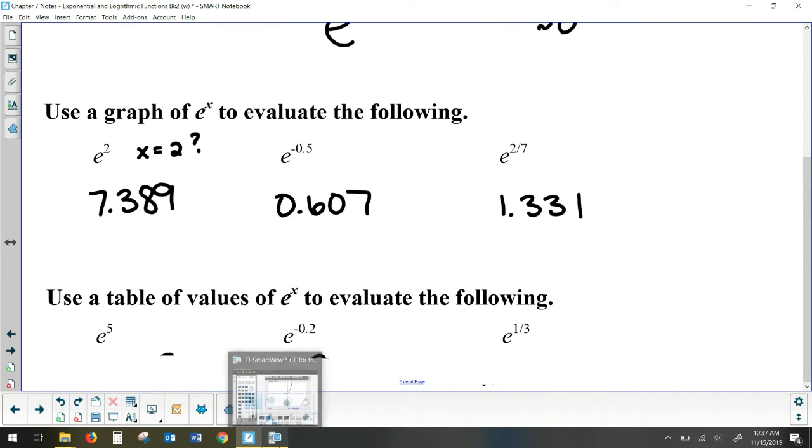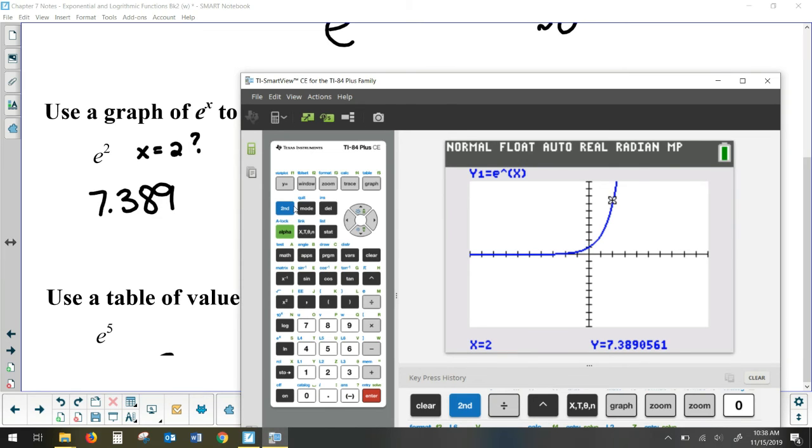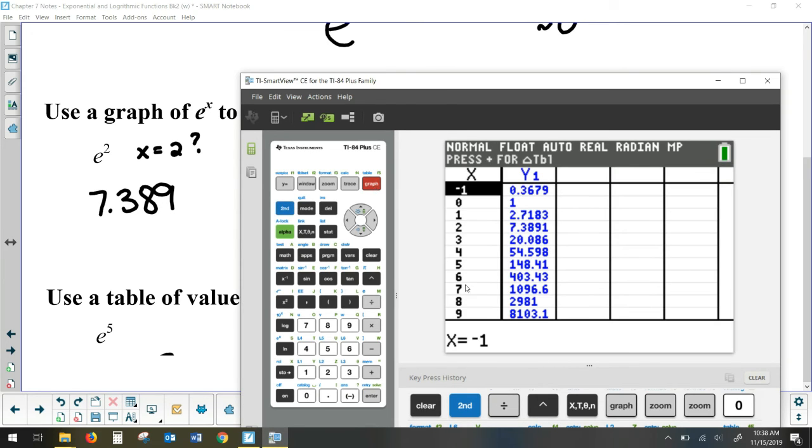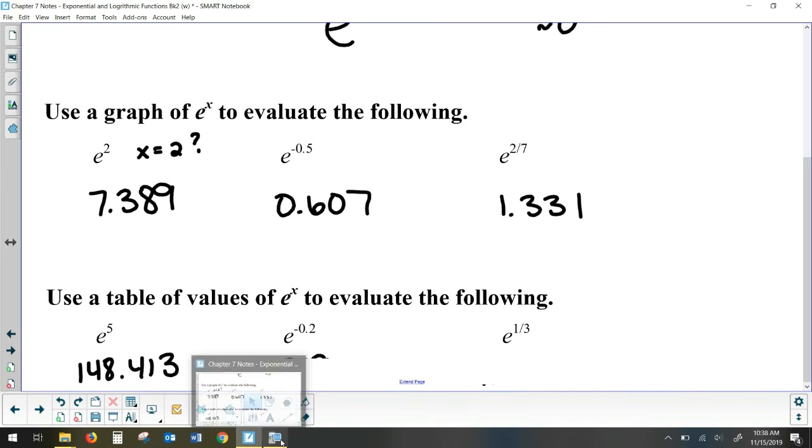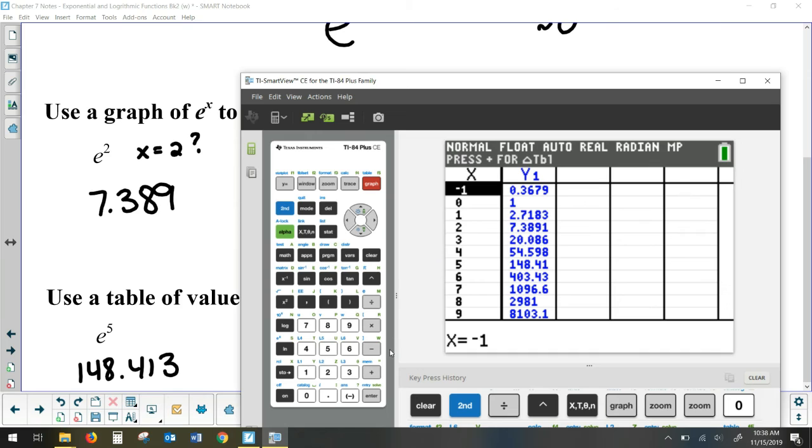Using a table. Second, table. When they go by ones, that's fine. We look for the 5, we get 148. Fabulous. The problem with this table is that we need to change it. So you press plus. I want my table to go by 0.1 for this next one.